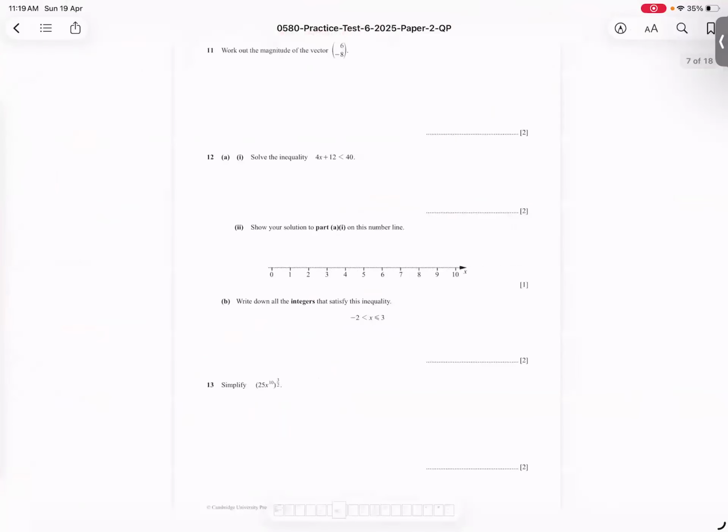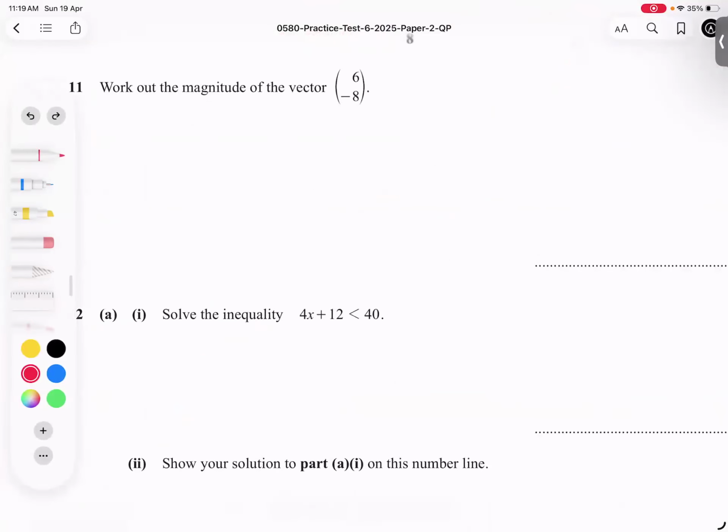Let's talk about question number 11. The magnitude of the vector is behaving like a magnitude. For example, this is 6 positive and negative, so 6 going right side and 8 going downwards. I'm looking for this length near the 90 degree, so basically we are using the Pythagoras theorem.